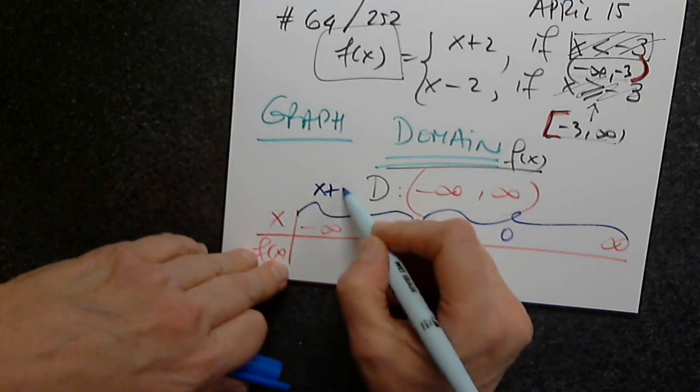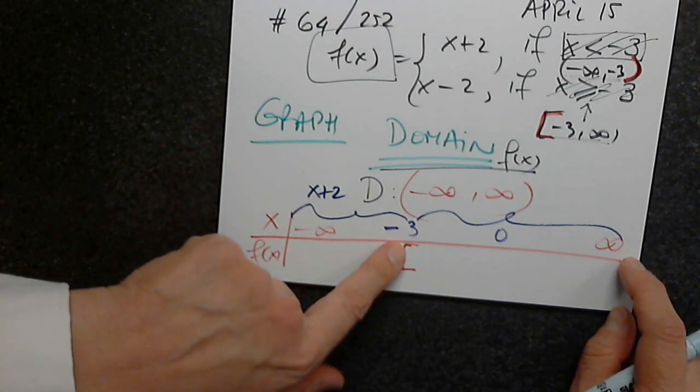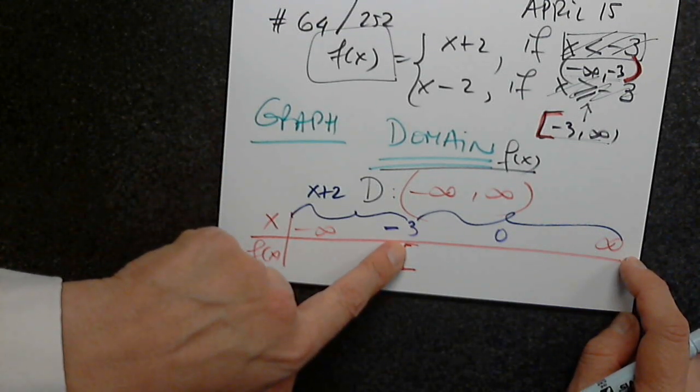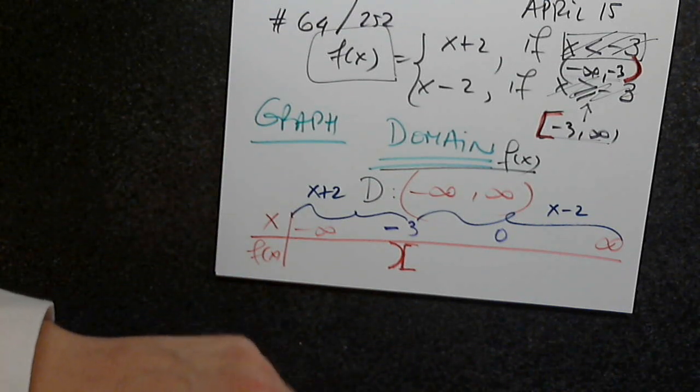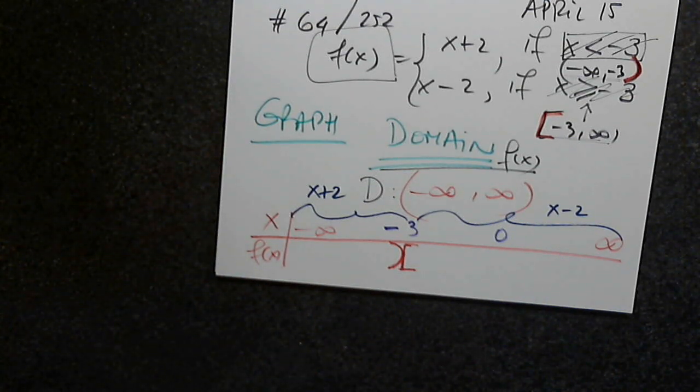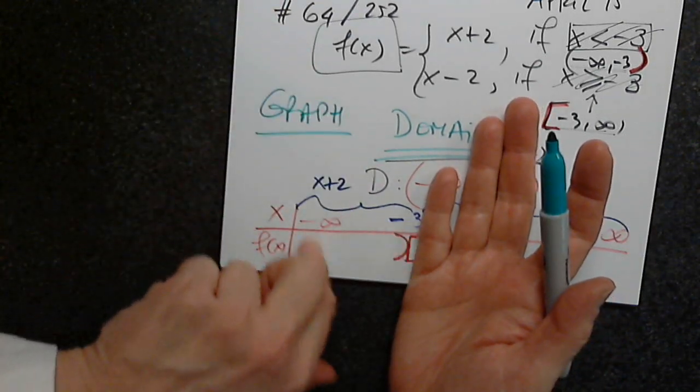Very good, awesome. And between, I know it's silly to ask again, it's the other one. So between -3 and infinity, I will have to use x minus 2. What type of functions are these? Both are linear. Very good.